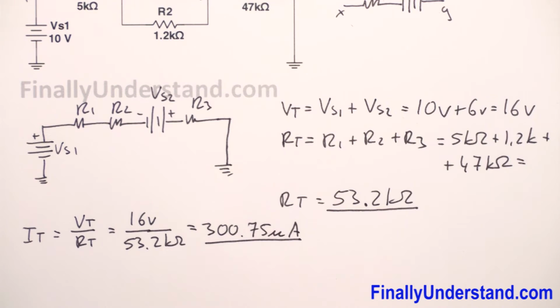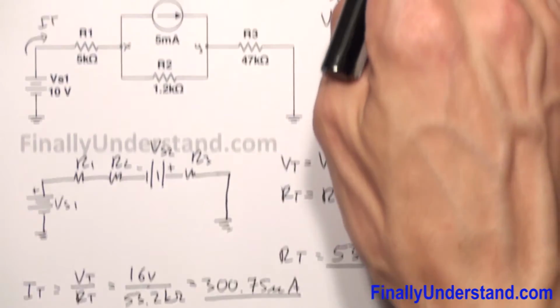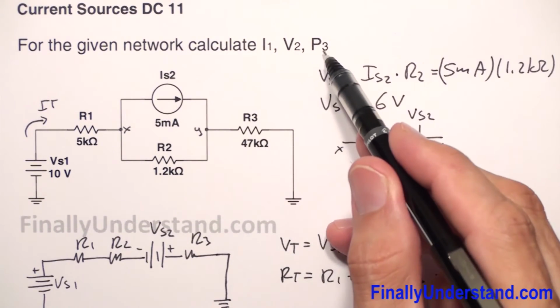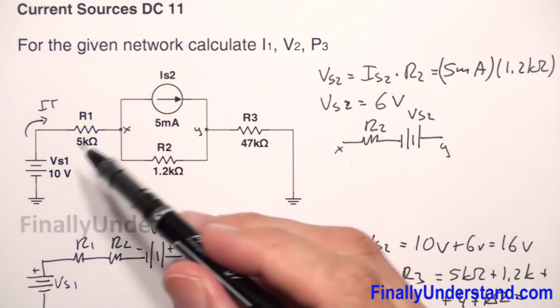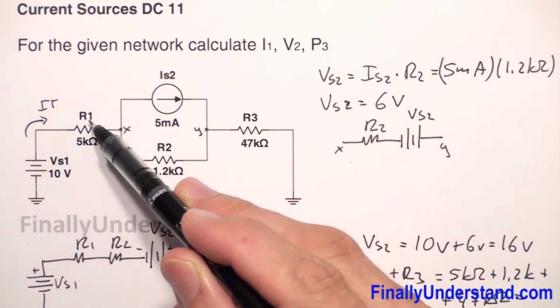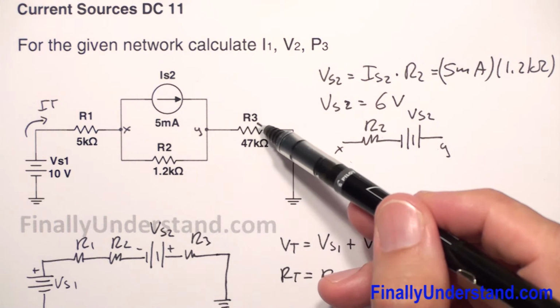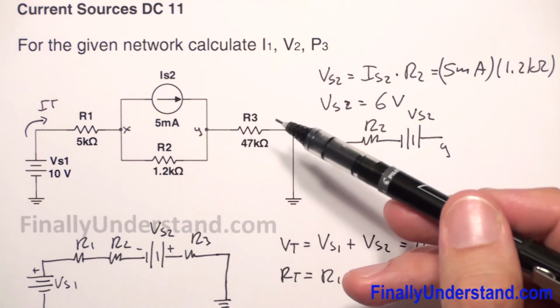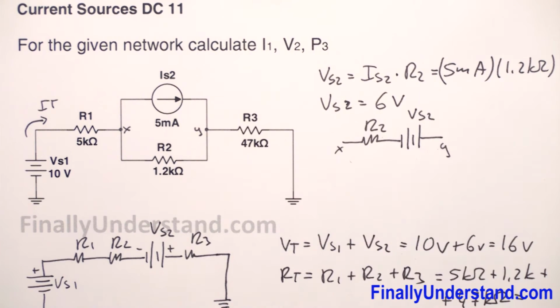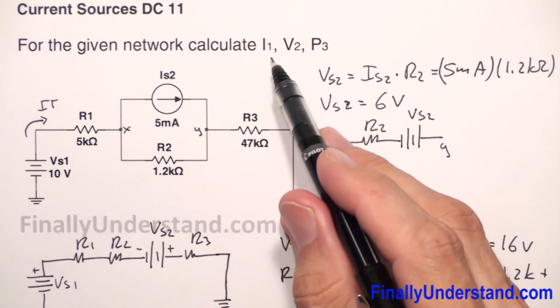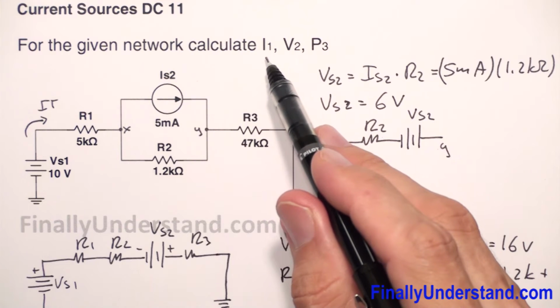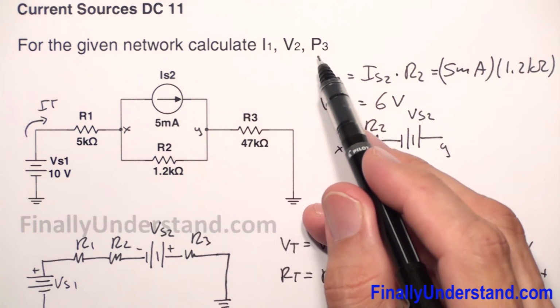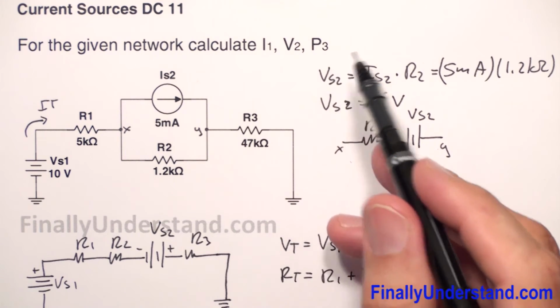We have to find P3. Please notice that we have to find P3. And remember, I said that total current is going to go through resistor R1, and the same current is going to go also to resistor R3. So we can say that we found at this moment current I1, and we found also current I3.